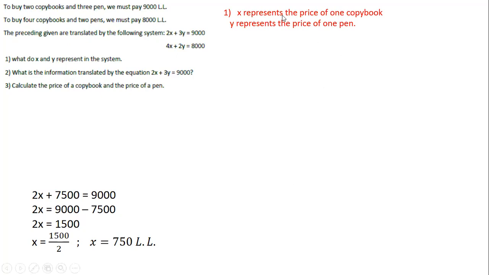Okay, so if I look at the system, I find 2x plus 3y, and here I have 2 copybooks and 3 pens. So x represents the copybooks and y represents the pens.